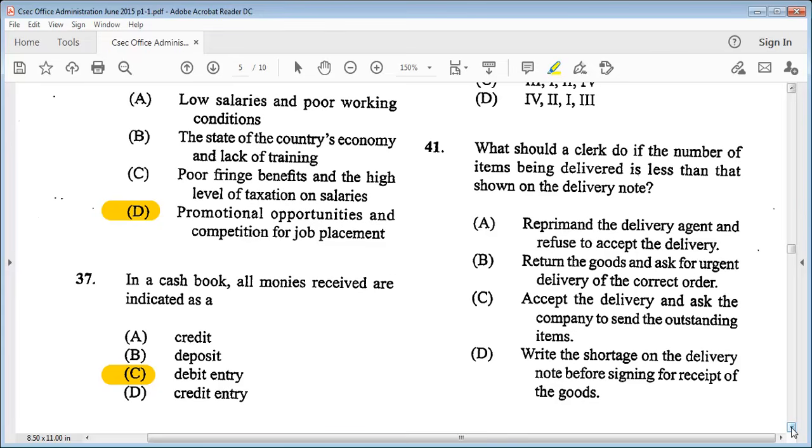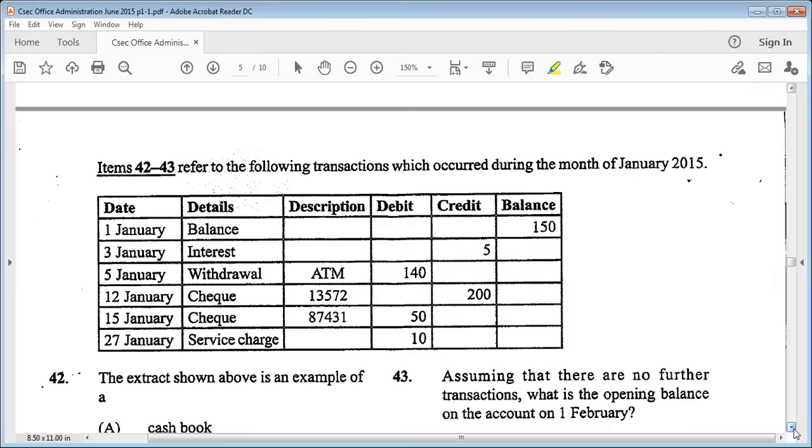C, accept the delivery and ask the company to send the outstanding items. Or D, write the shortage on the delivery note before signing for receipt of the goods. We know our answer would be D. Write the shortage on the delivery note before we sign.